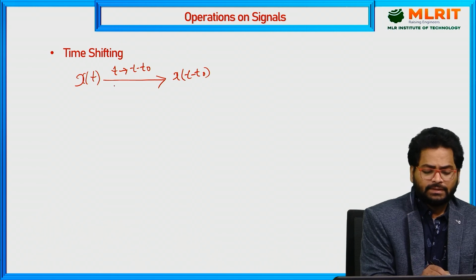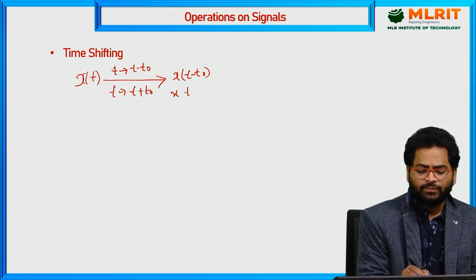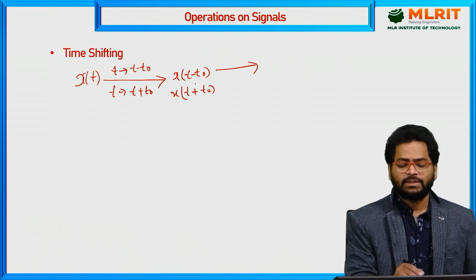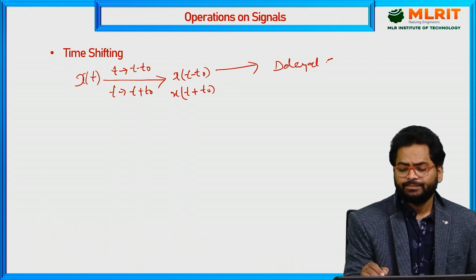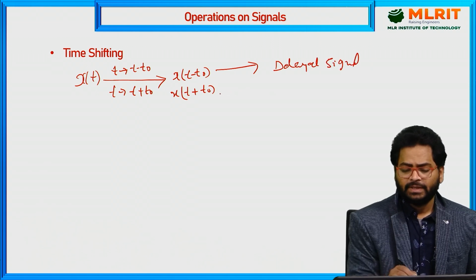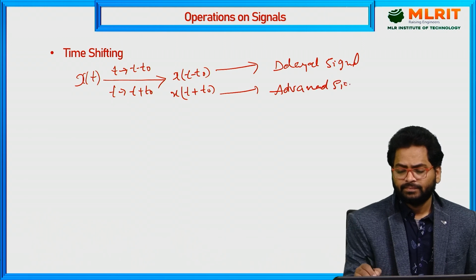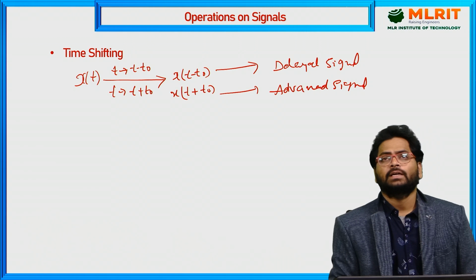Where t tends to t plus t naught, it is x of t plus t naught, which is an advanced signal.